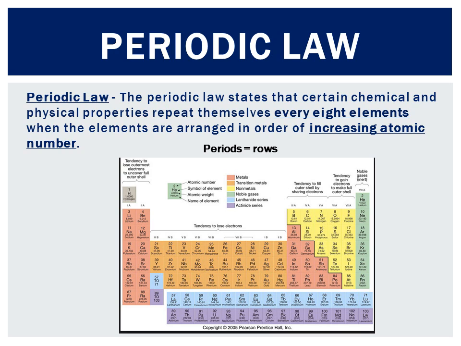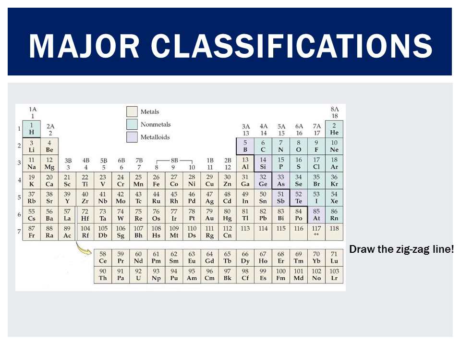The columns, we're going to call them groups. As you move from group 1 to group 2 to group 3, all the way to 8, they'll start to repeat when you come back down to the next period row in group 1 again.